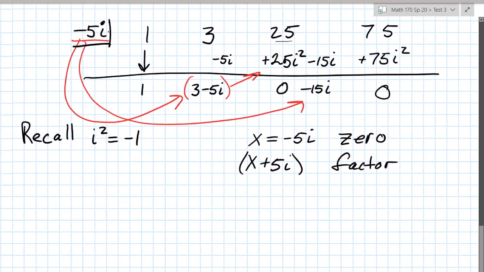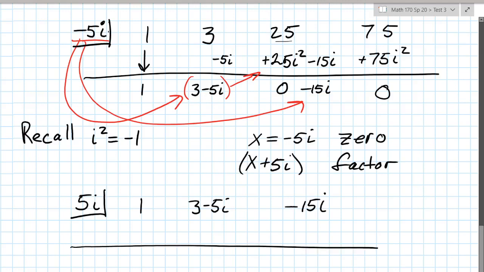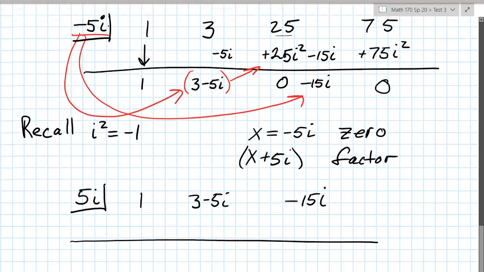Because it worked, we're also going to try positive 5i. And then we're going to use the depressed equation. 1, 3 minus 5i, minus 15i. This looks bad, but it won't be bad.